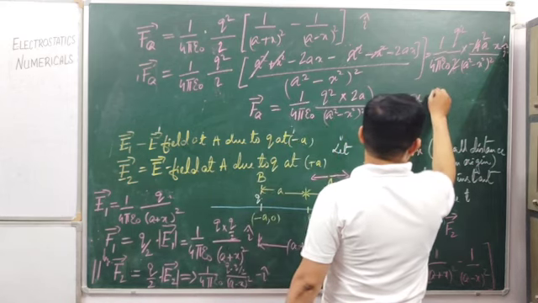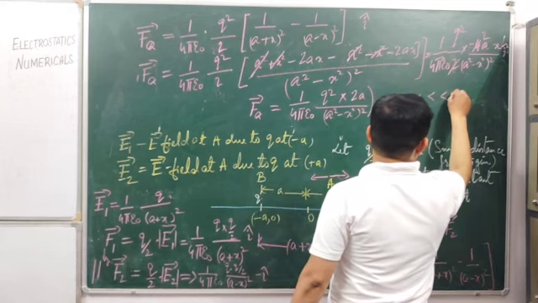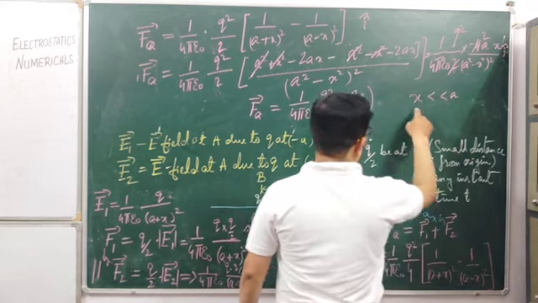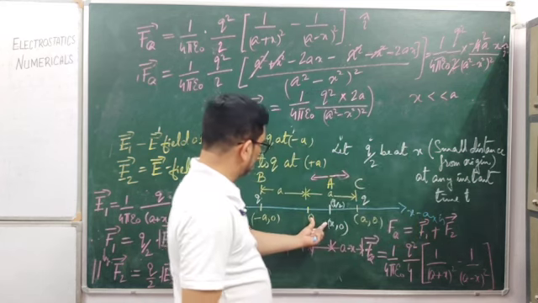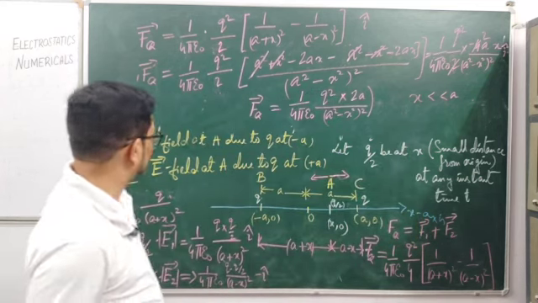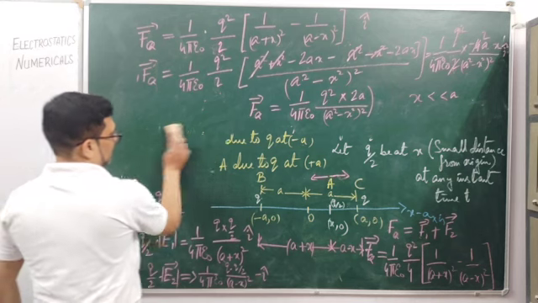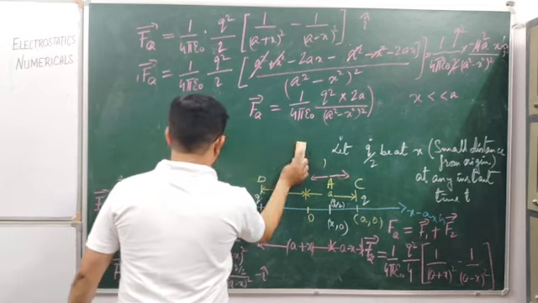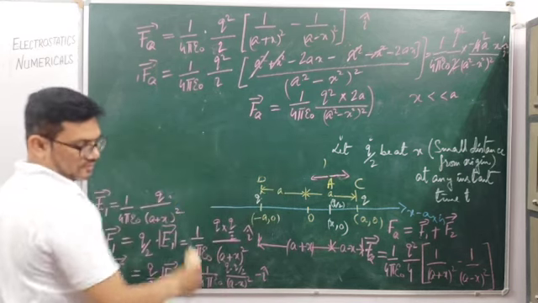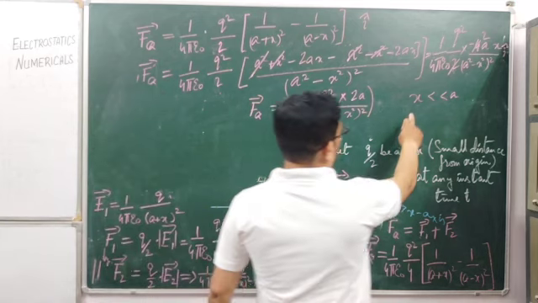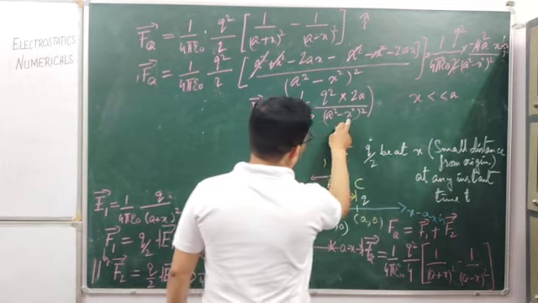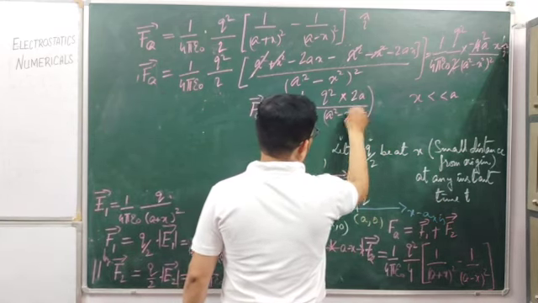Now, we know that this x is very much smaller than a. Why? This x was a very small displacement. So, can we just replace this with 0 in the denominator? We can approximate this value since x is very much less than a. In the denominator, we put x equal to 0.